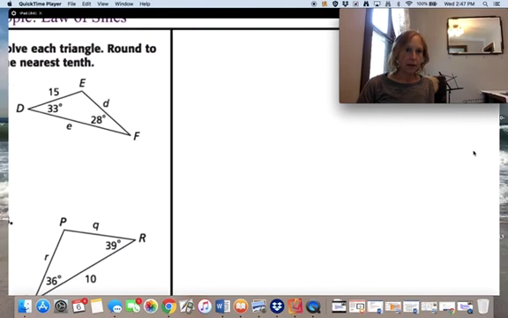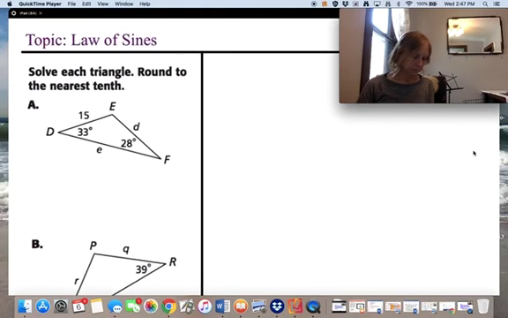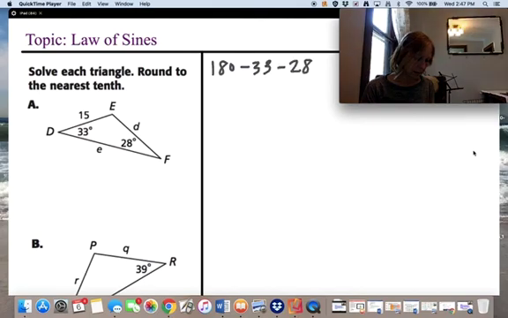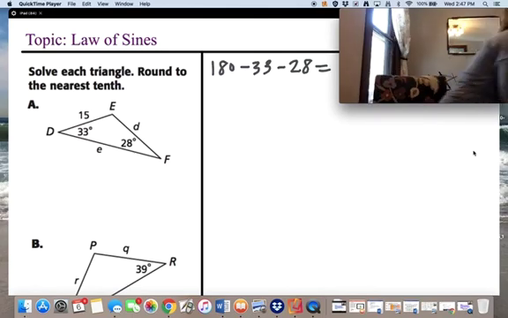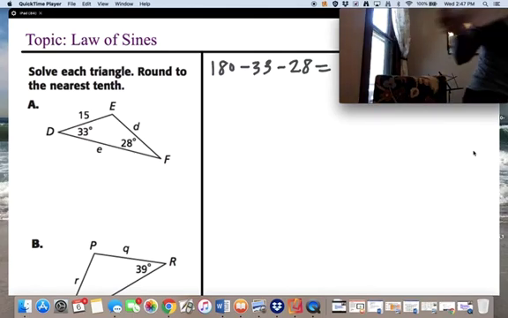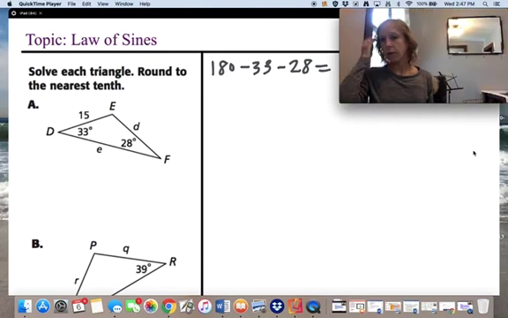So to find angle E right here, we're just going to subtract from 180. So 180 minus 33 and minus 28, and then we'll know our angle E. And we get 119.